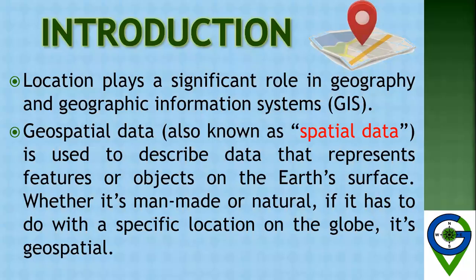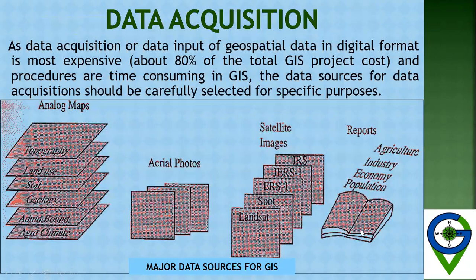GIS technology is based on digital information, for which a number of data collection methods are involved. Data capture is the operation of encoding data for inclusion into a digital database. The creation of an accurate database is a very important part of GIS.